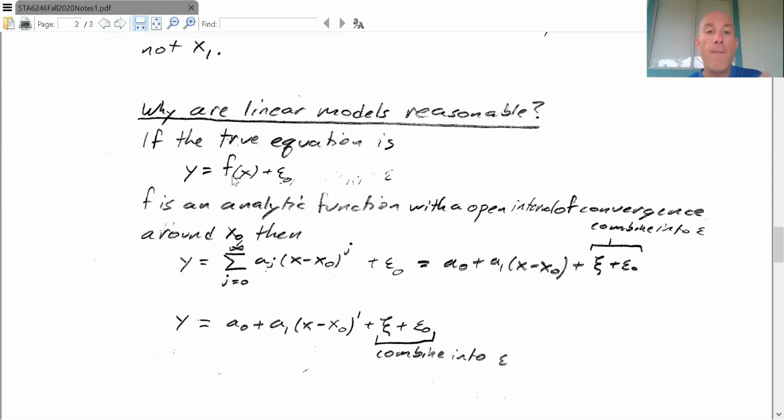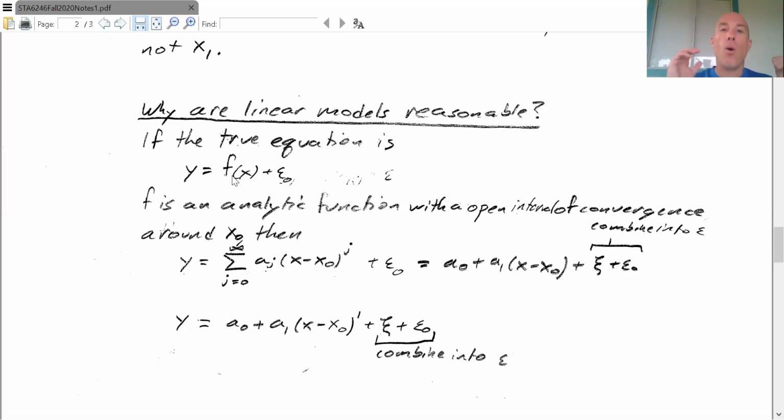If f is analytic with an open interval of convergence, that means it has a Taylor series. If you think about your Calc 2, I have Taylor polynomials, right? And with a Taylor polynomial, I can approximate the entire Taylor series with a degree 1 polynomial.